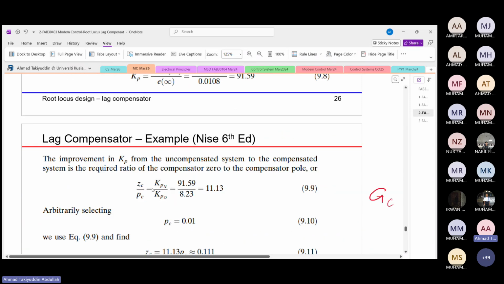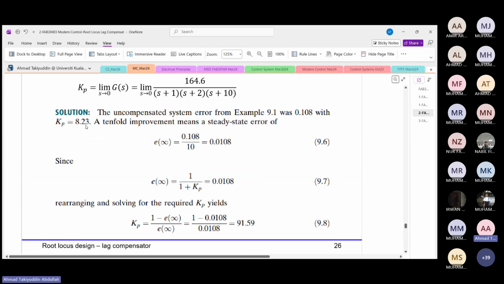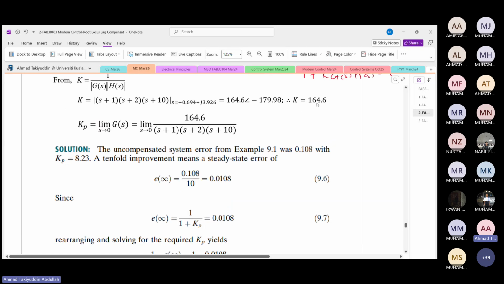So ZC over PC will be 91.59 over 8.23, the KP that you have after you get K equal 164.6, which is the KP for the original system.